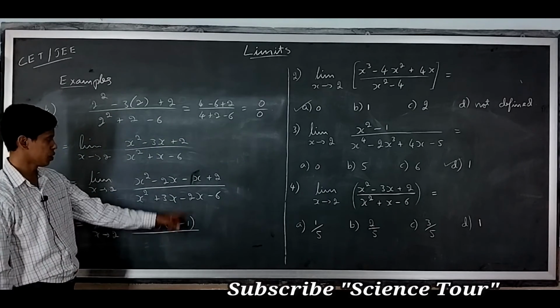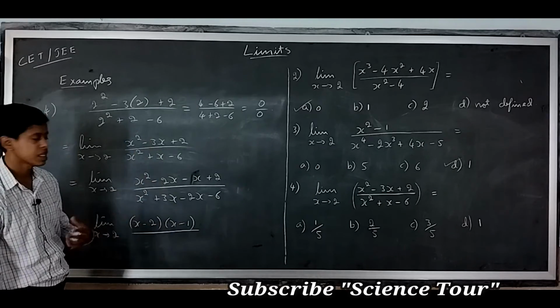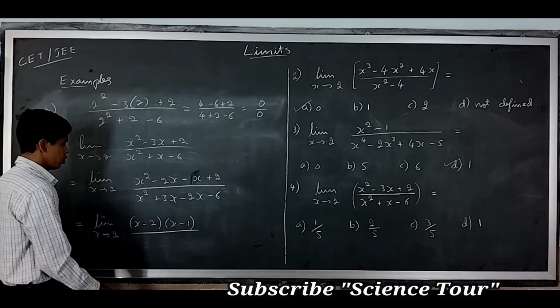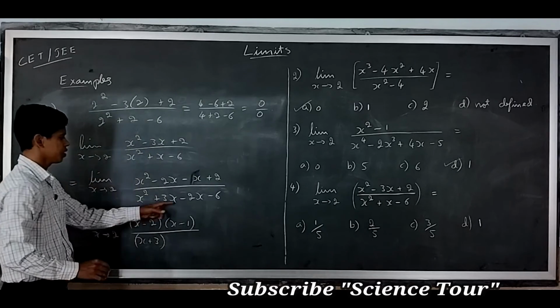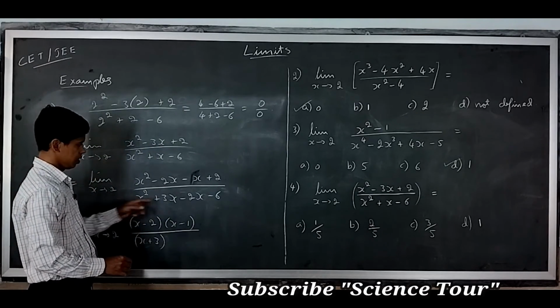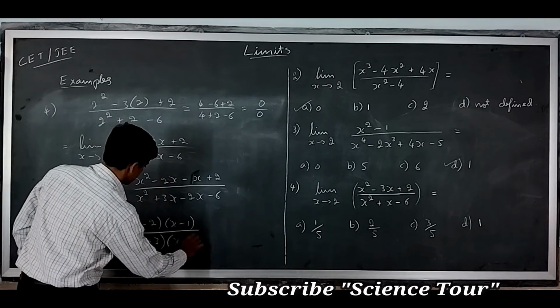Correct? Minus 2 into minus 1 is plus 2, minus 2x and minus x is minus 3x, correct? And here what do you get is x plus 3 if you take x common, and you must take minus 2 common, that means x minus 2, right?